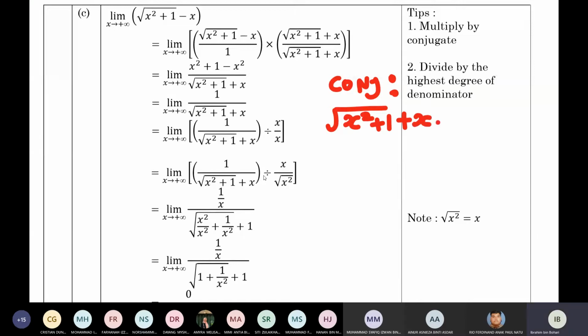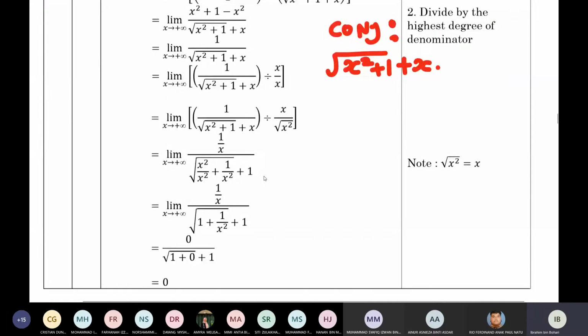So conjugates here equals to the cube root of x squared plus 1 plus x. And the denominator of this function equals to 1. You put 1, and denominator 1 here times conjugate, 1 times the cube root of x squared plus 1 plus x.